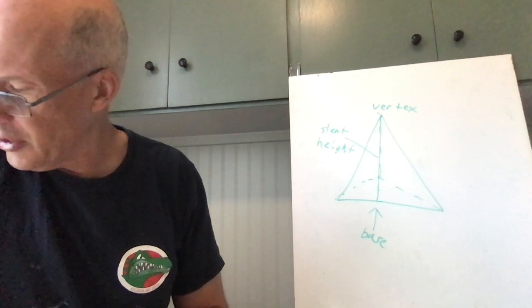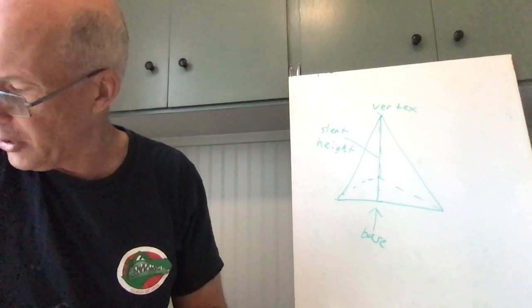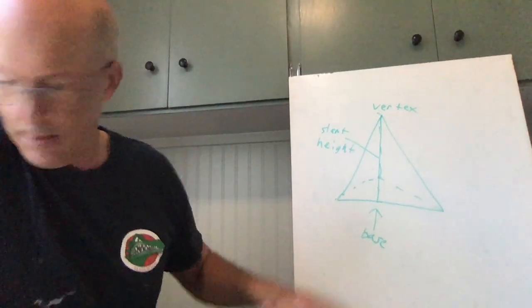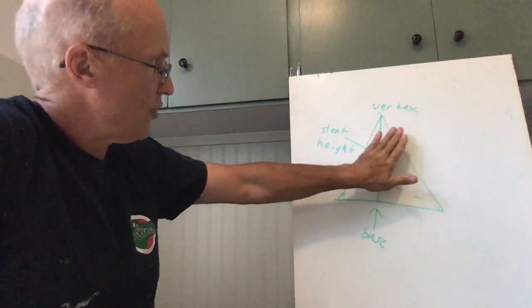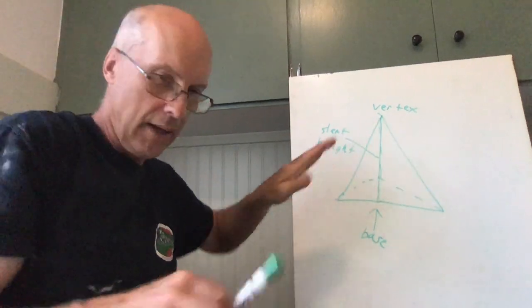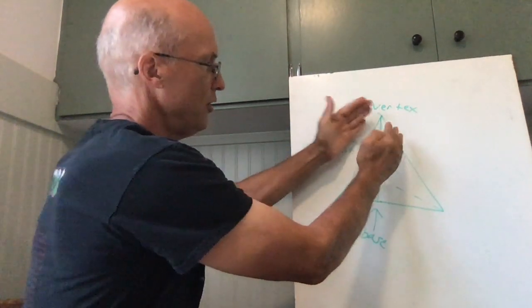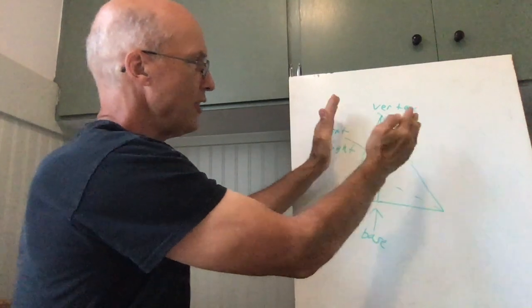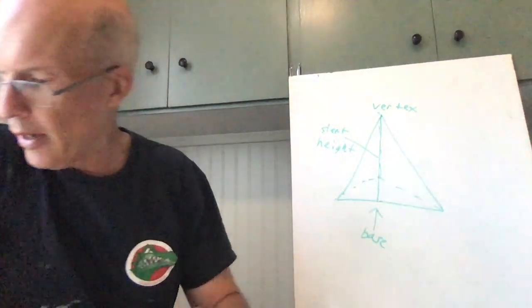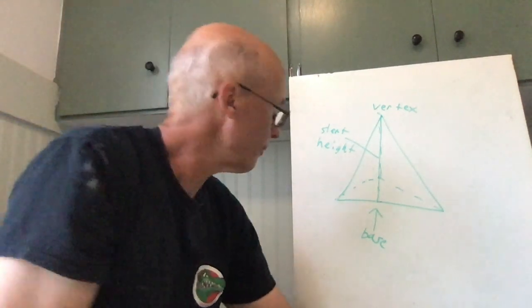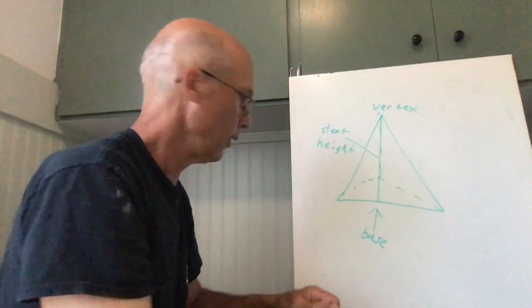If we want to do the lateral surface area of a pyramid, it's going to be this plus this plus this. In mine, it's the three of them together.